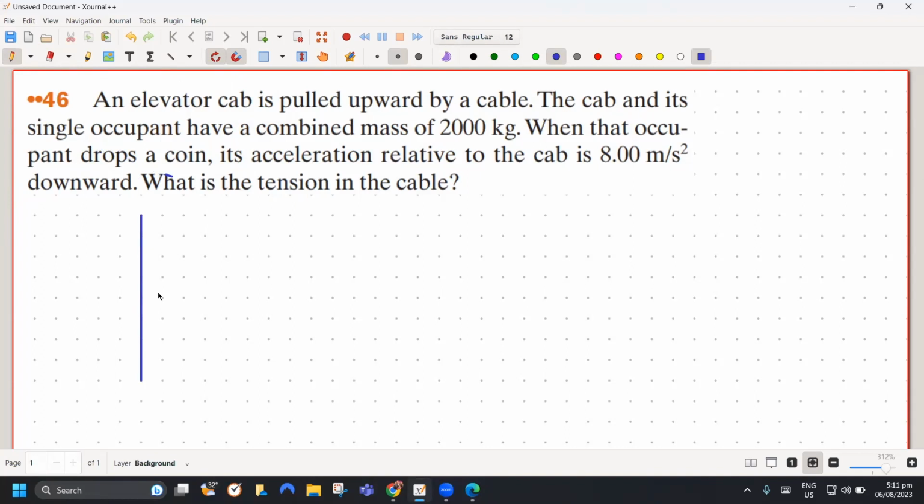So assume natin for simplicity na yung elevator cab ay above the y-axis. At least sa diagram na yan. So, paki-mark yung origin.